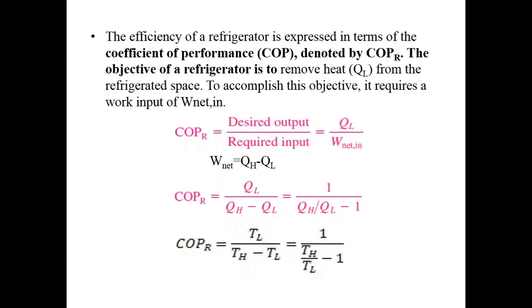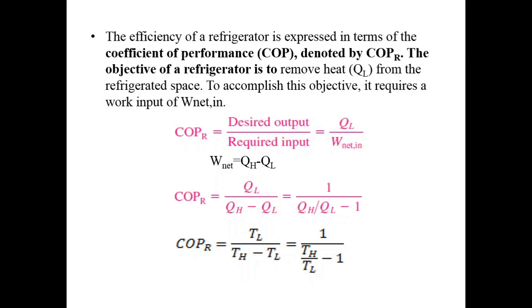The coefficient of refrigeration is defined as the ratio of the desired output, the heat extracted, to the work input. For a refrigerator, the work is the input, and the desired output is the heat extracted, QL, divided by W net. So we give W as input.